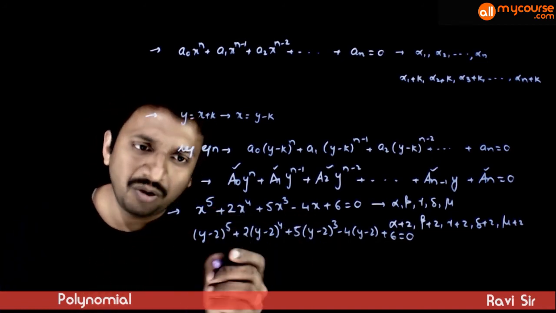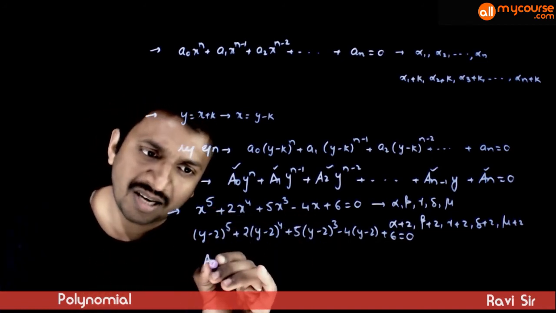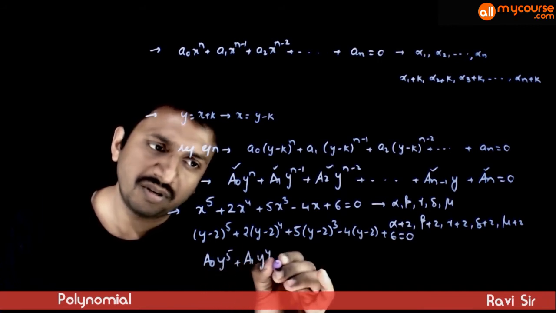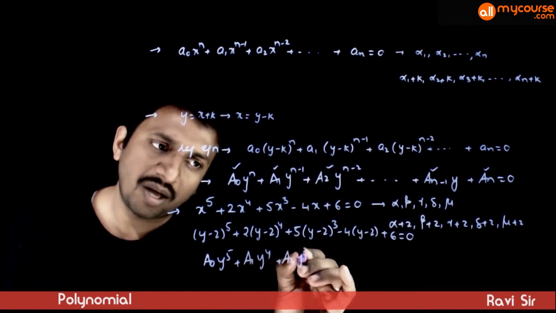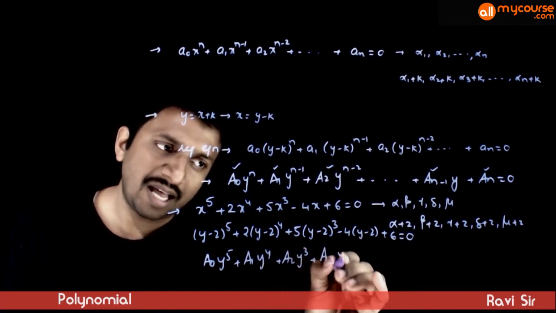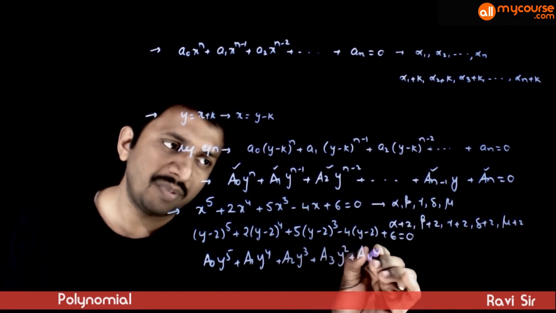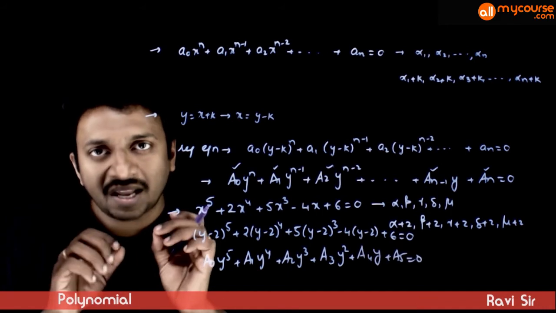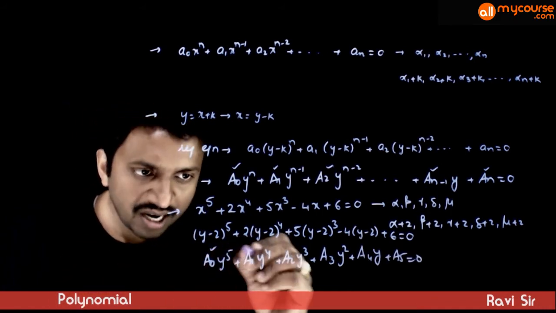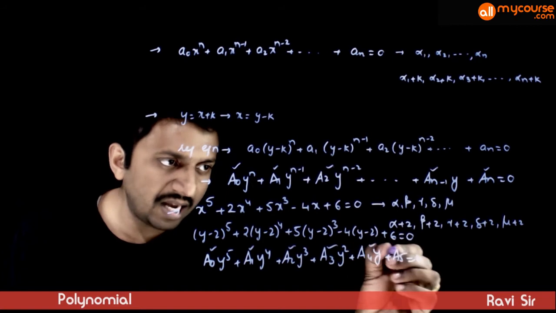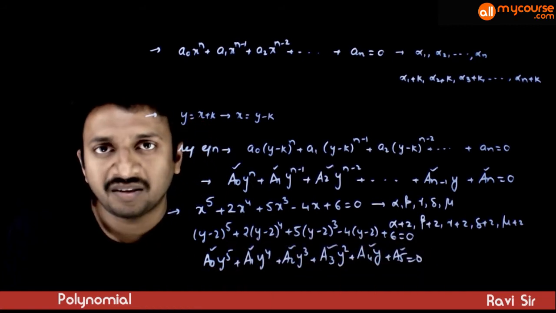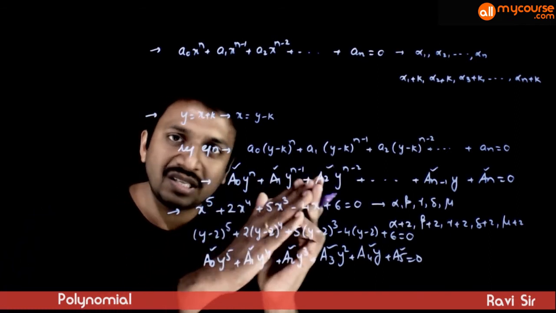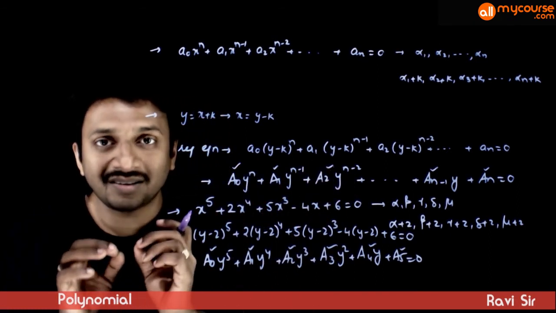After collection, you might get some number times y power 5 plus some other number times y power 4 plus some other number times y cube plus some number times y square plus some other number times y plus some number is equal to 0. So if you can have a shortcut to derive these numbers, that would be very useful. Now let us see how we can easily derive these numbers using Horner's synthetic division.